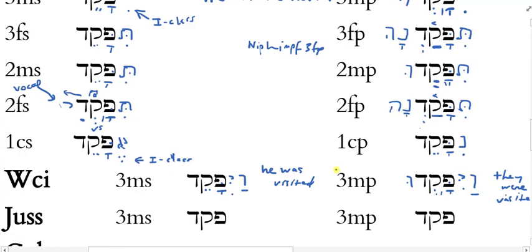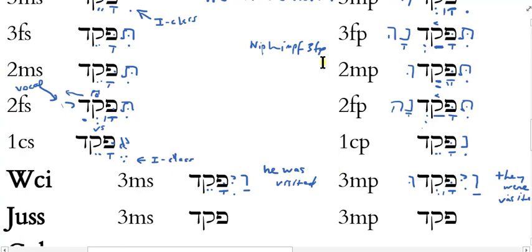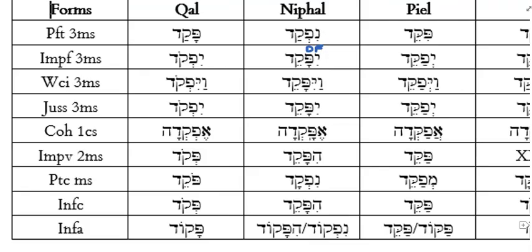All right. Well, what do we learn about the jussive? Can you tell the difference between the jussive and the imperfect most of the time? No, we couldn't. So here's the good news. The Niphal's jussive is going to be identical to the Niphal's imperfect. But jussives are volitional.